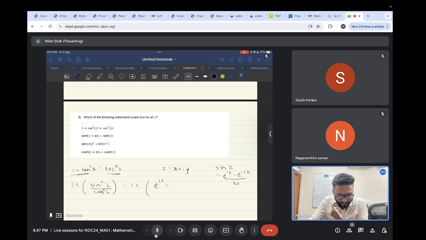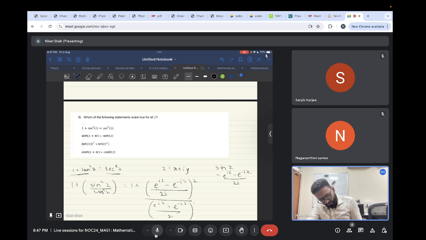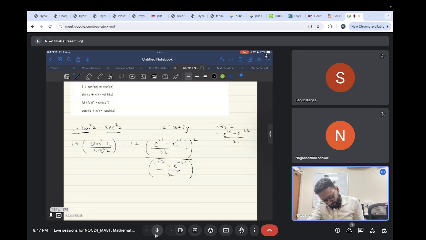Cos z plus i sin z, cos z minus i sin z. Yes. So 1 plus e power iz minus e power minus iz divided by 2i, the whole square, divided by e power iz plus e power minus iz divided by 2, whole square. Minus 2.